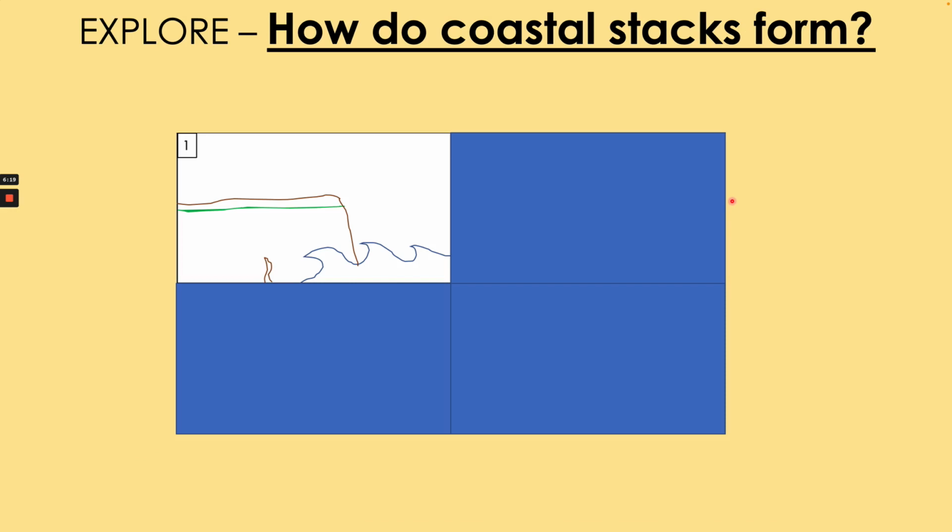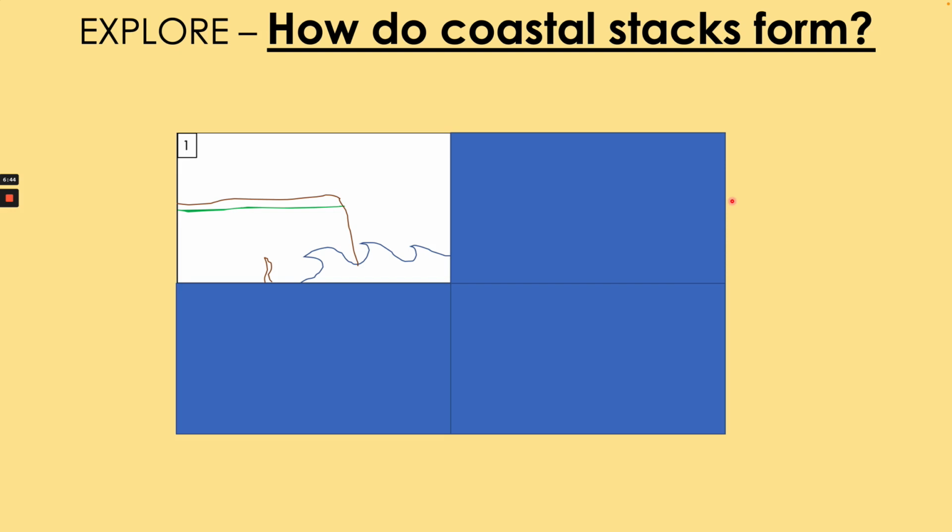All coastlines and rock have weaknesses. In chalk and limestone headlands you have joints because they're sedimentary. These joints are attacked by hydraulic action and abrasion, and they are opened up to form cracks in the headland. These cracks widen and deepen over time to form caves.